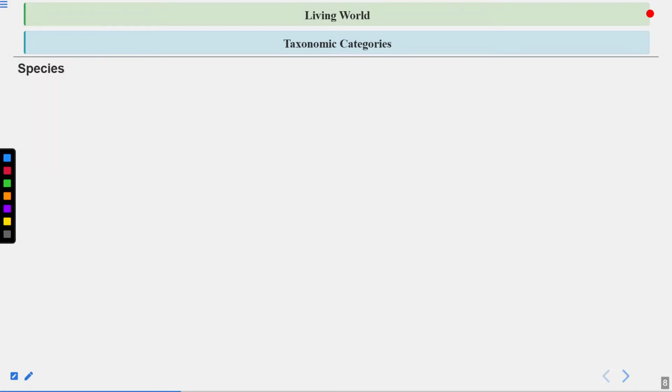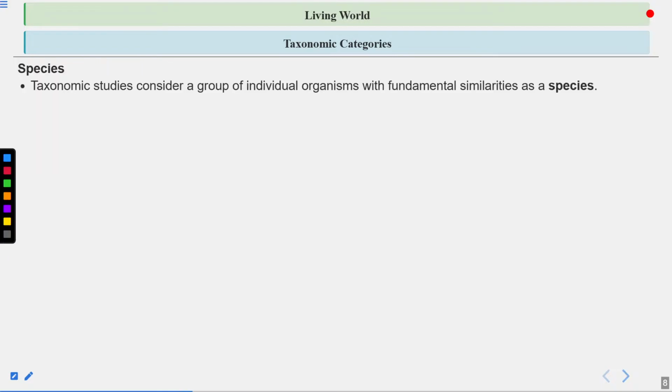So let's talk about species. Species is the lowest most taxon. Taxonomic studies consider a group of individual organisms with fundamental similarities as species. Members of a species can interbreed with each other and are reproductively isolated. They cannot interbreed with the members of other species.